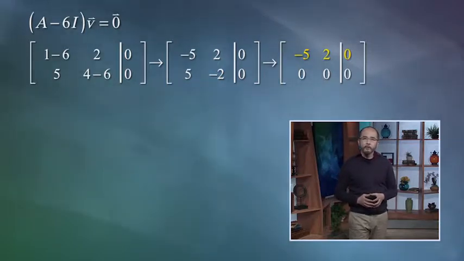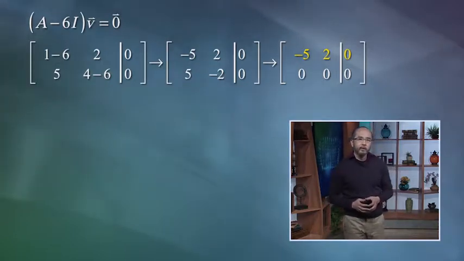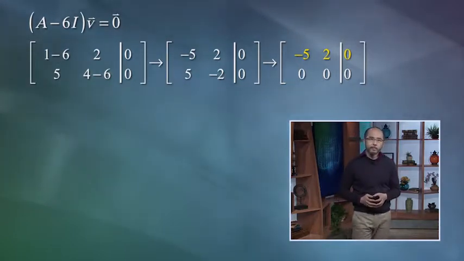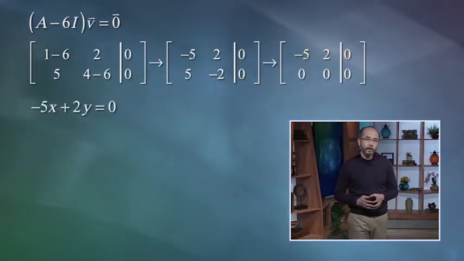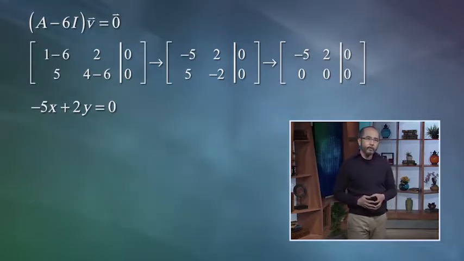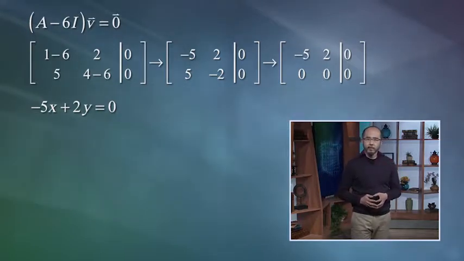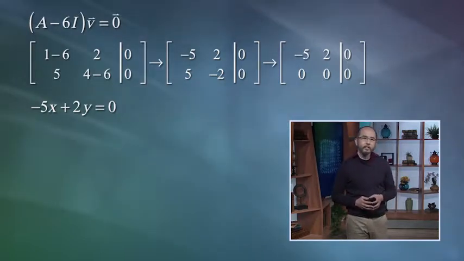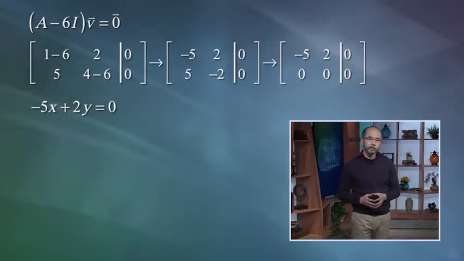If the vector v consists of the variables x and y, then this non-zero row represents the equation minus 5x plus 2y equals 0. And we see that y is the free variable. Now we express x and y in terms of the free variable y. Clearly, y equals y, and x can be put in terms of y using the equation minus 5x plus 2y equals 0.